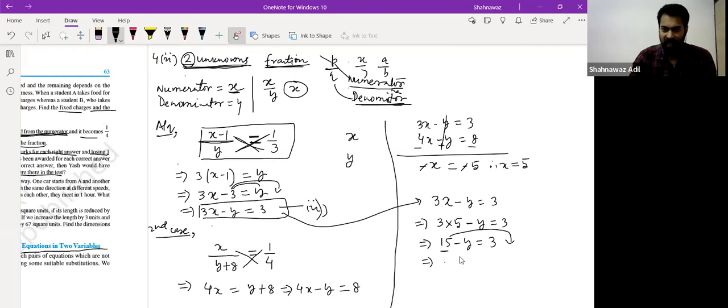Your left hand side will have only y. So minus y would be here, right? Equals to 3. And what will be here? Minus 15. Yes, right. So this will be minus and this will be minus 12, right? So y is 12.